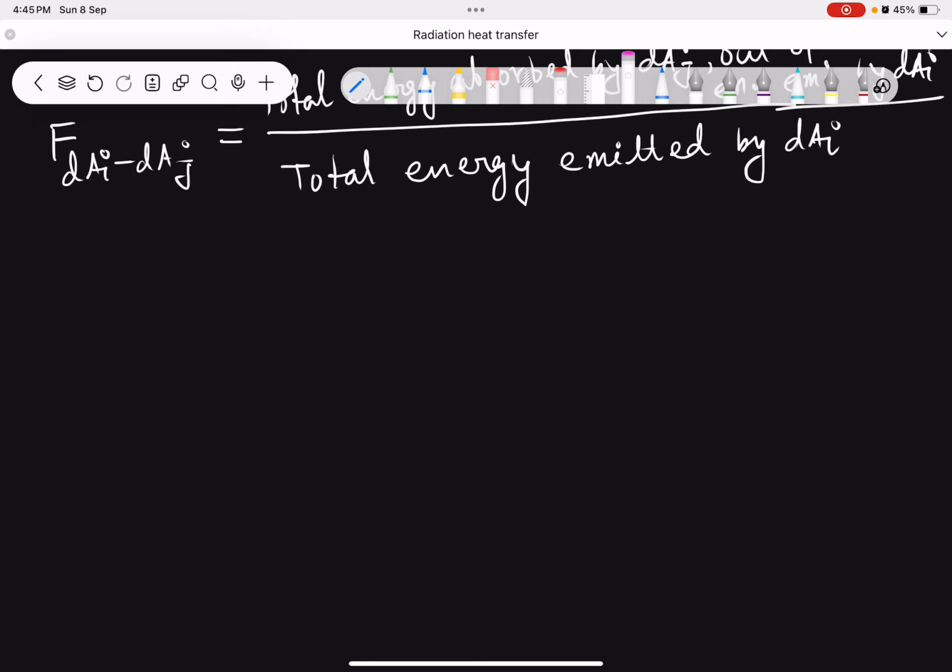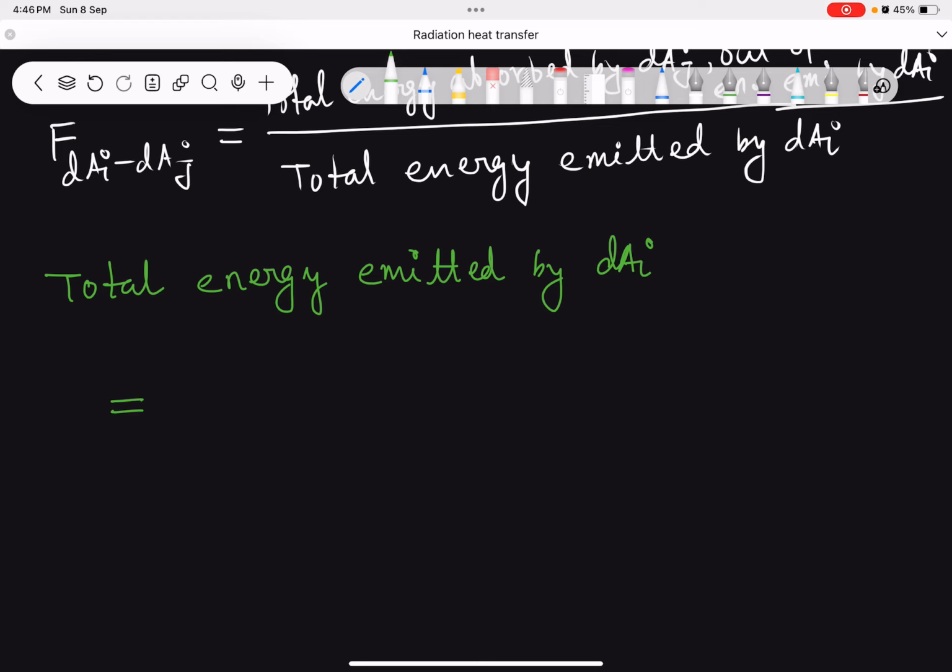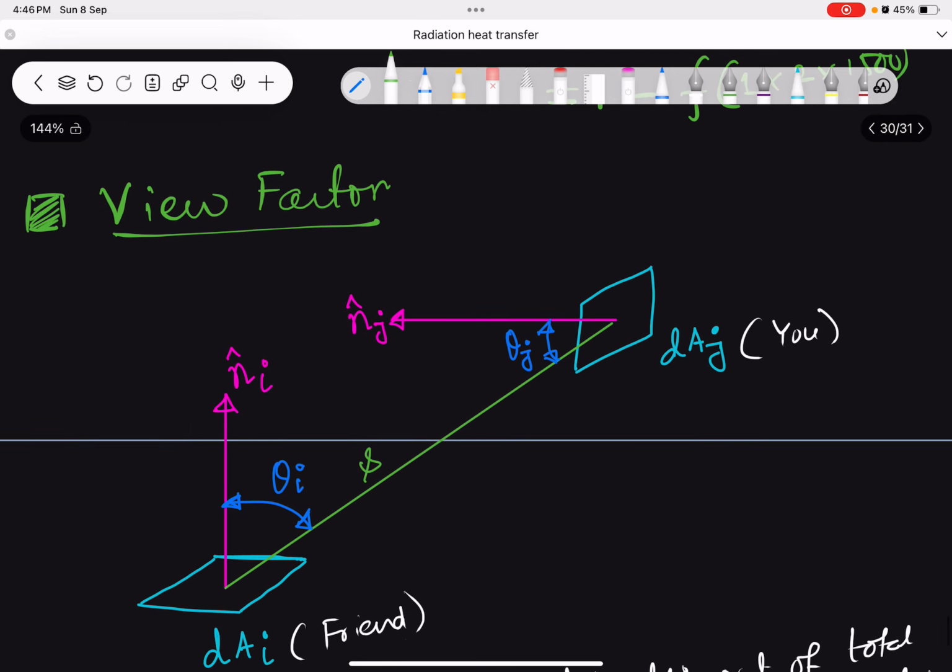Okay, so let us calculate again this numerator and denominator separately. So total energy emitted by dAi is equal to, we assume, I lambda dash. Okay, so let me tell you that we are doing this analysis for a diffuse gray body, or diffuse gray surface.